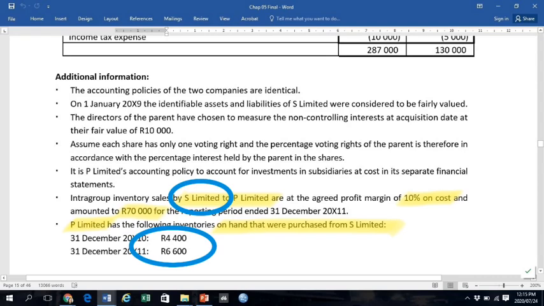Because we had inventories on hand at the end of 31 December 20x10, out of that amount there will be an unrealized profit in opening inventories in 20x11. And from the inventories on hand at the end of 31 December 20x11, there will be an unrealized profit in closing inventories.